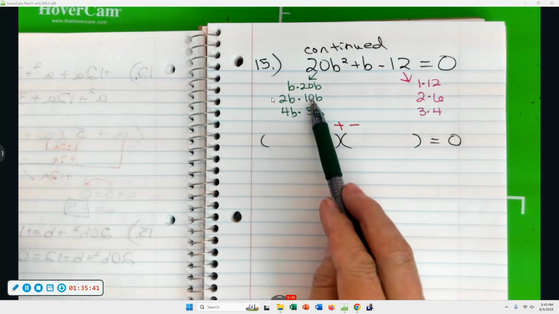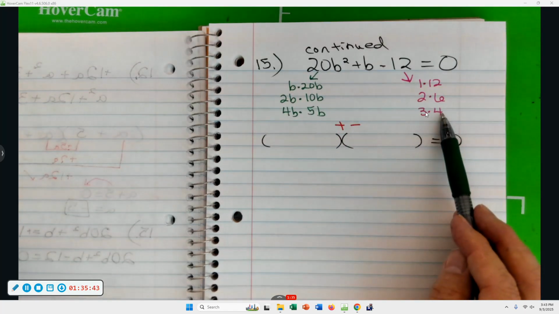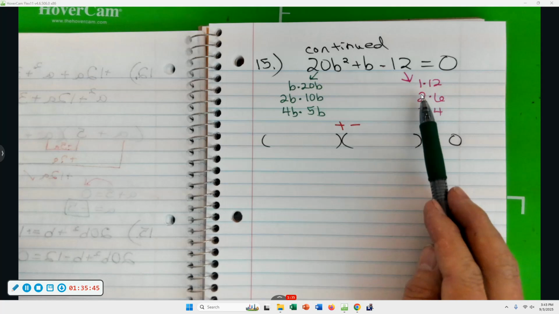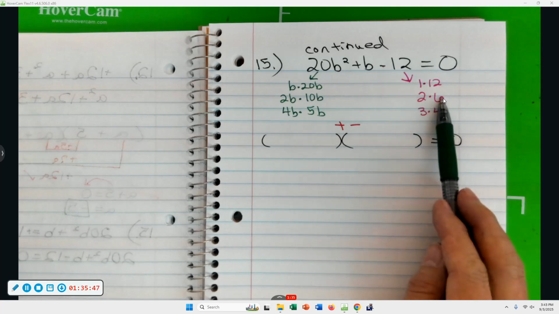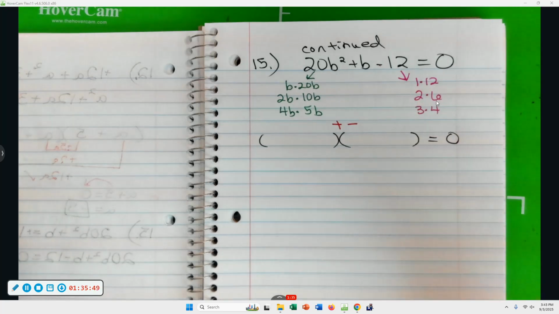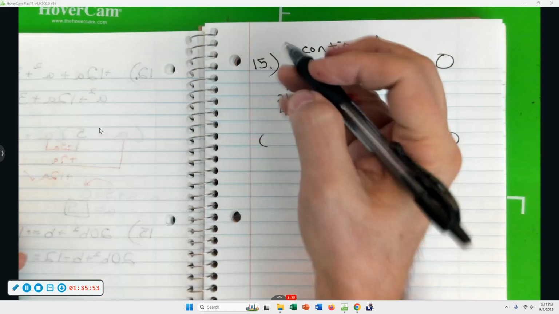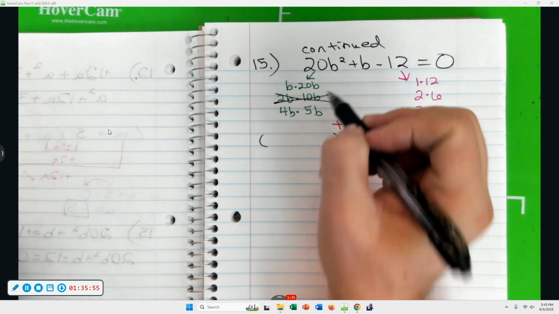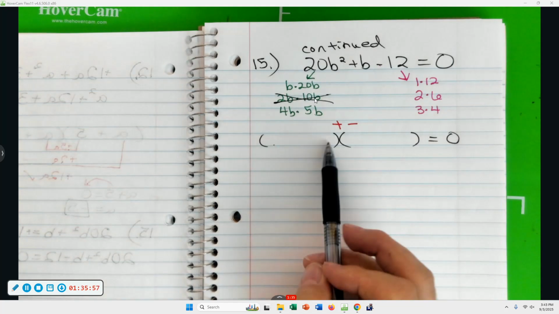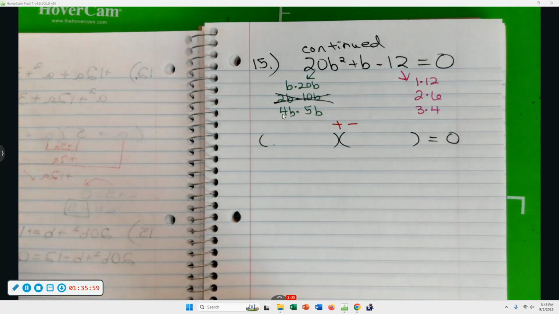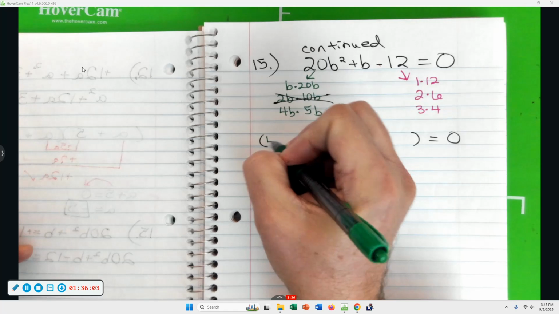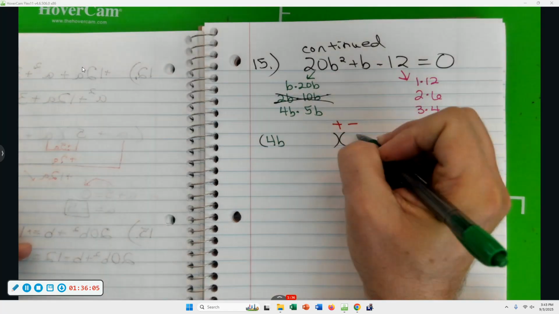If you use 2 and 10, you're going to be pairing the 12 with an even, and you wind up with 2 even numbers in the parentheses. 2b and 10b cannot work. Go ahead and start with the 4b and 5b. I think they're going to work.